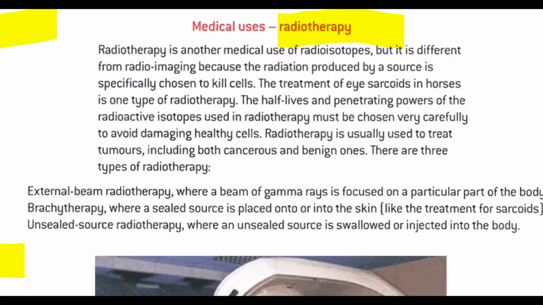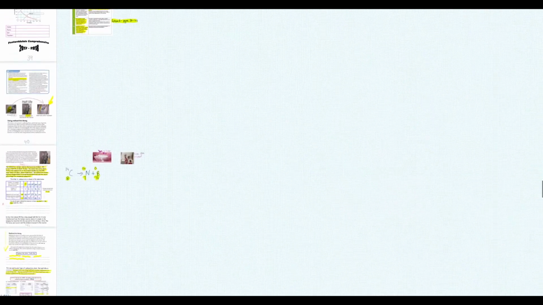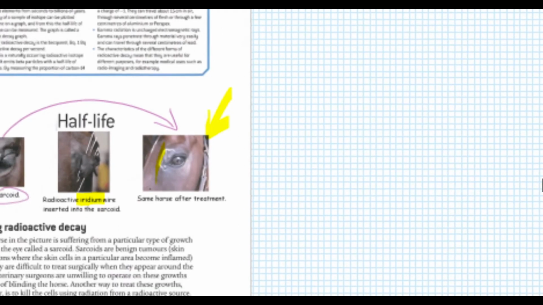And we saw right at the start of this topic how horses can be treated through radiotherapy to get rid of these sarcoids off their bodies. And if we go back to the start of this topic on half-life, slowly, there's a picture of a horse, a before and after picture.